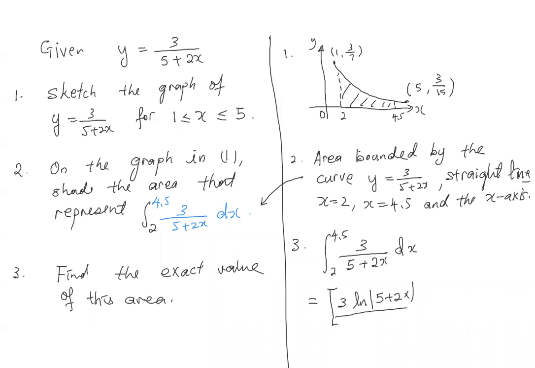Then you have to divide by 2, correct? 2, 4.5. So you always have to substitute the top minus substitute the bottom. So I can put the 3/2 out. Then I substitute the top. If you don't want to calculate, you let your calculator calculate it. Take away ln 5 plus 2 times 2.